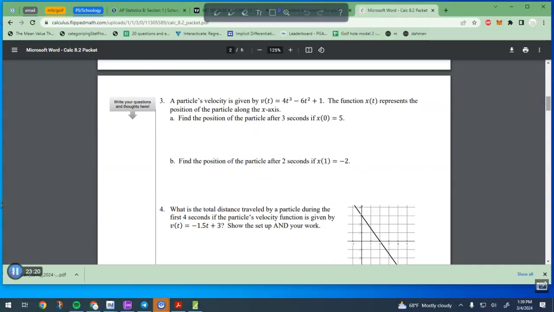So, I know that the starting amount here is 5. And then I need to find the position of the particle after 3 seconds. There's a couple ways to get to this, but by far the easiest is this general idea. It's going to be the initial value plus the integral. I don't know how else to say it, except initial value plus integral. So I know that at the very start of this particle's experience, he or she is at 5 units.